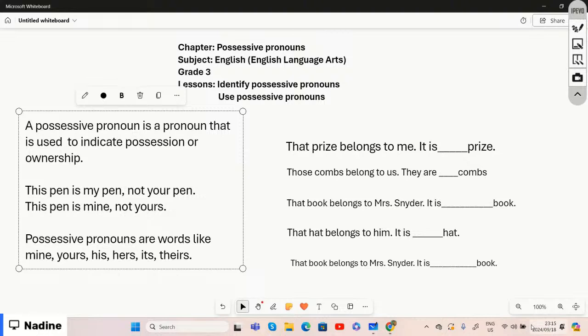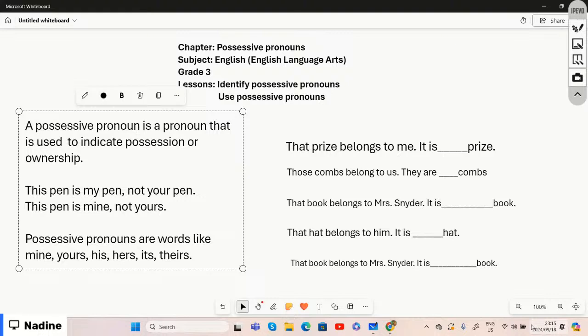And if we look at the next one, it says those combs belong to us. They are combs. That book belongs to Mrs. Snyder. It is book. That hat belongs to him. It is hat. And that book belongs to Mrs. Snyder.